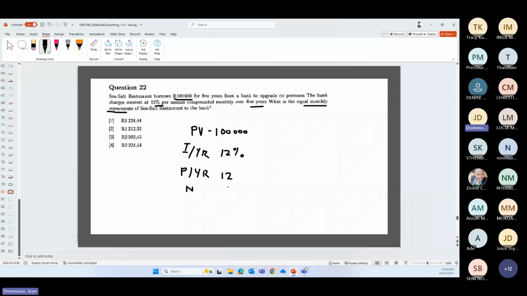It's over 5 years, so there's going to be 60 payments. And then we need to work out what our monthly payment is, so we will need to work out the PMT.